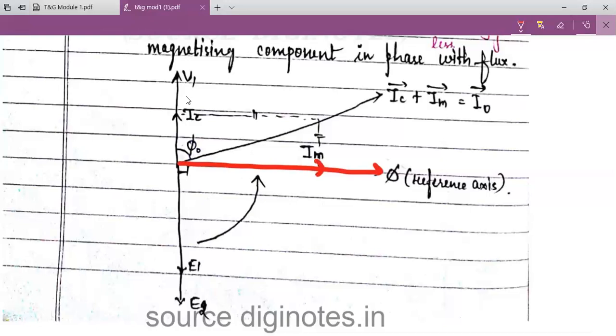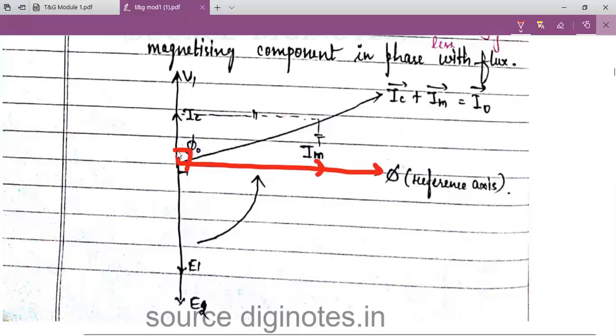So in a practical transformer, due to winding resistance, the no load current I0 is no longer at 90 degree with respect to V1. So Im is perpendicular to V1. Here I can consider the load as an inductive load, where current lags the voltage at an angle of 90 degree.